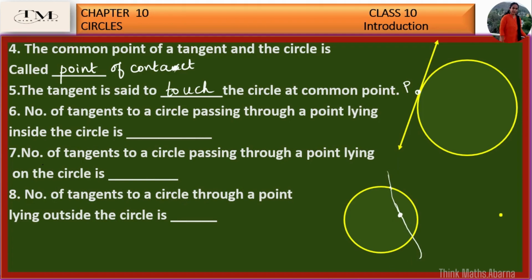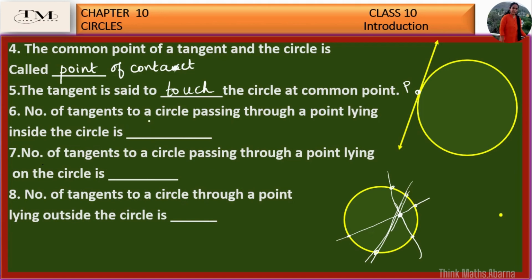No, because it touches the circle at 2 points. In this way, no, because it touches the circle at 2 points. This way, no, because it touches the circle at 2 points. So if a point is inside the circle, we cannot draw a tangent through this point.